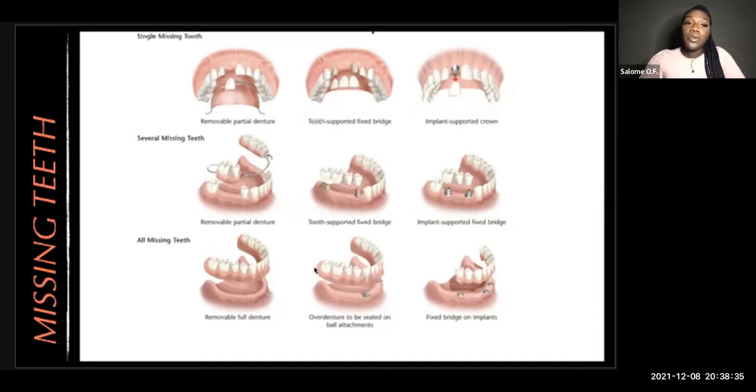Sometimes you have to invest in your teeth as well. So again, missing teeth, you still can use a bridge as well, or you can use an implant to support that bridge if you don't want to disturb the neighboring teeth. And then again, if you have all missing teeth, you have the full mouth denture. And if your denture is not fitting like you want it to, you can use implants to support the denture. Either you can use 2 or you can use 4.